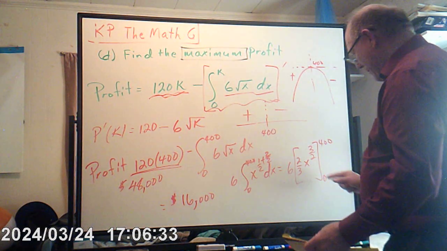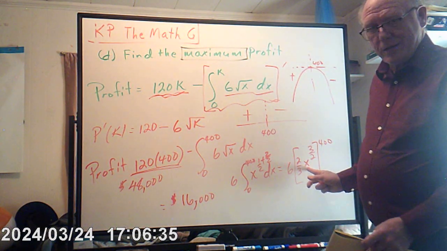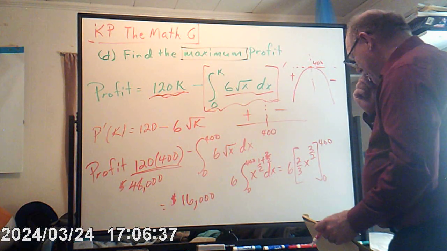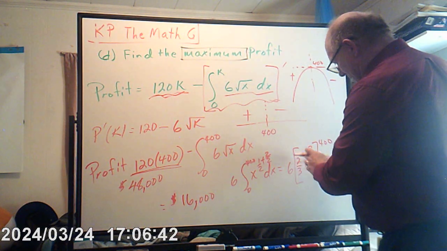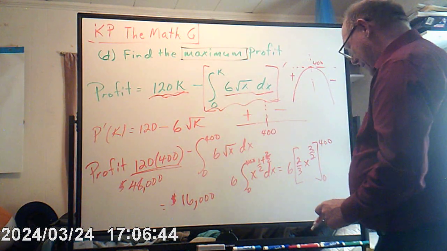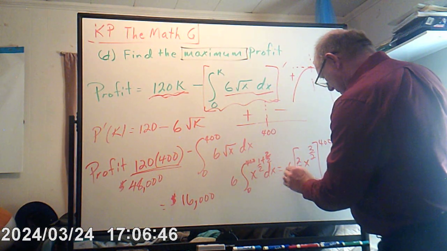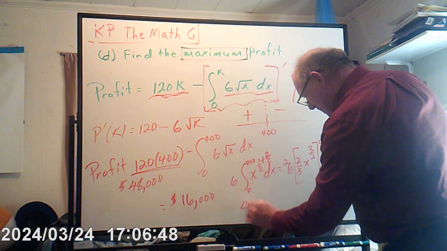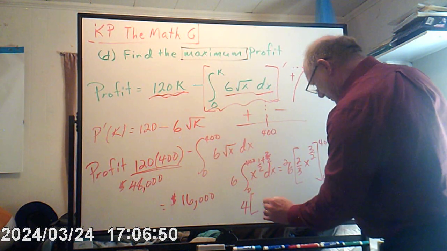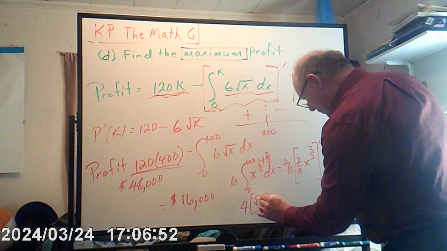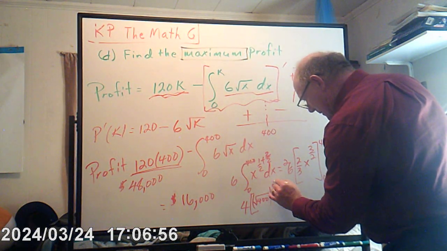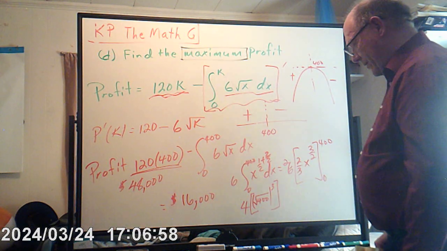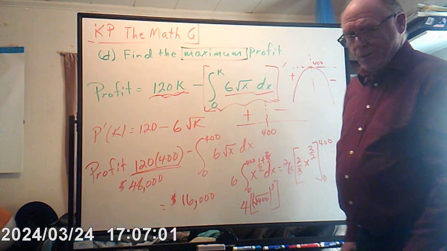We don't need the 0, because if we plug 0 here, all of this is going to be 0. So now we're just going to take 400. So this is, let's see, 6 times 2/3, 3 goes into 6 2 times, so this is 4 times the square root of 400. And remember, we're cubing that. Square root of 400 is 20.